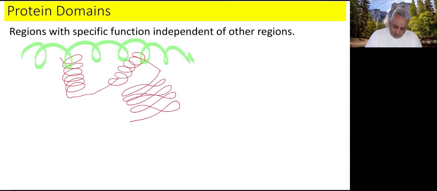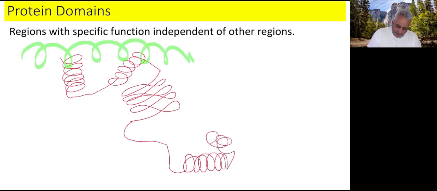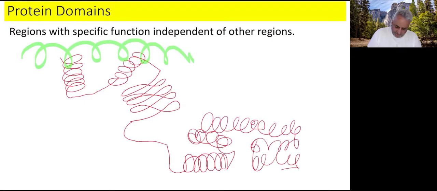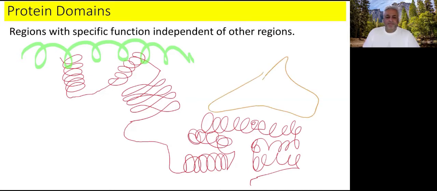Now suppose another region of the same polypeptide, so let's continue it, down here has a configuration like this that can bind to something else. Let's say that it is able to bind to other proteins, right? So other proteins will be like this. Okay.